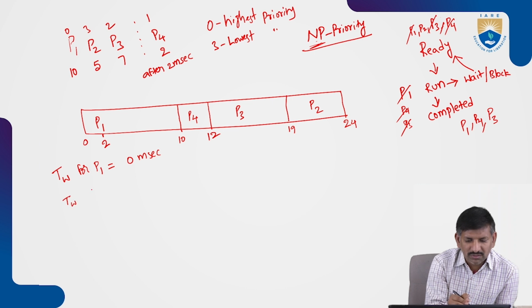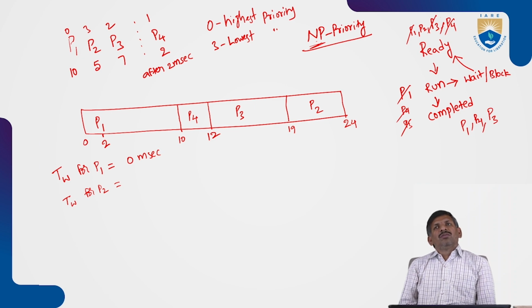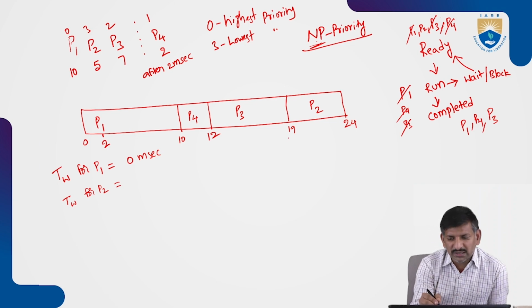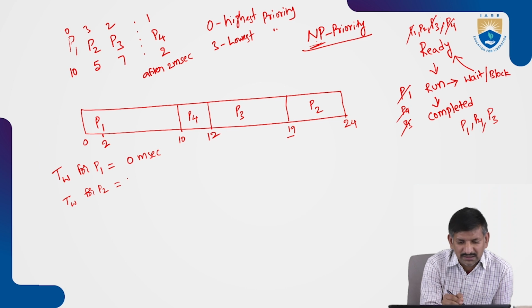Next, waiting time for process P2. Process P2 entered the ready state at the 0th millisecond and is scheduled for execution at the 19th millisecond. So it is waiting 19 milliseconds in the ready state to get the CPU.